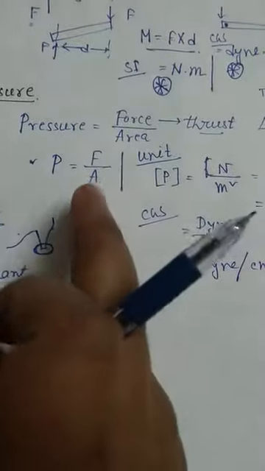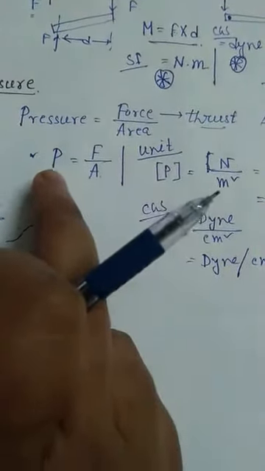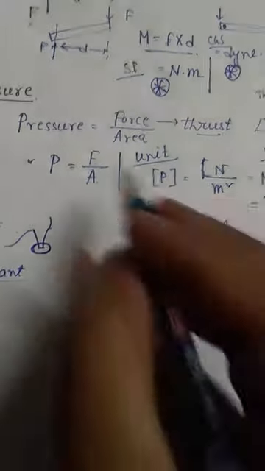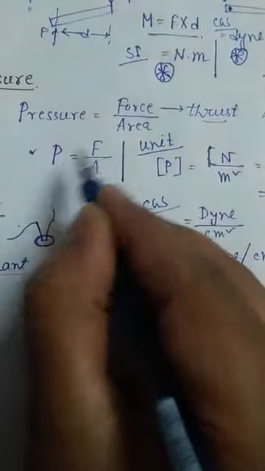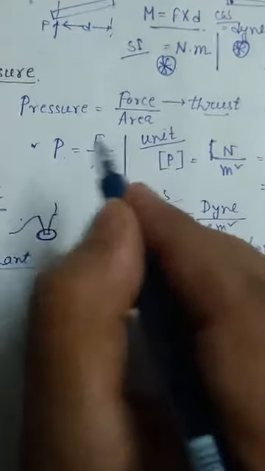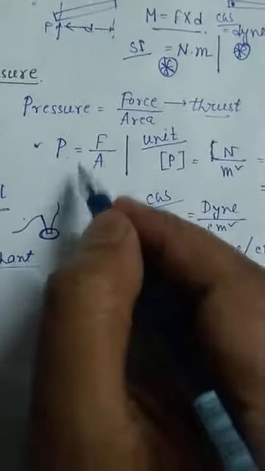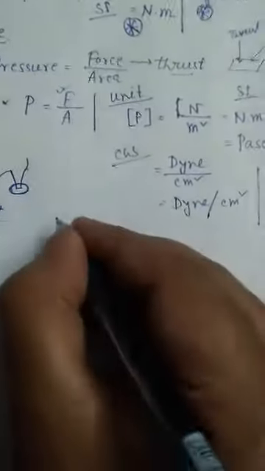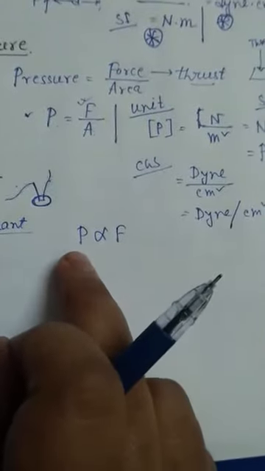Before that we have to discuss something else. Just look at this: pressure equals force by area. So if you increase the force, the pressure will increase. Of course, pressure is proportional to the force.